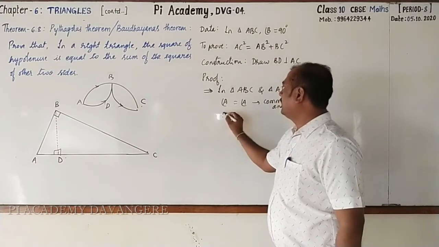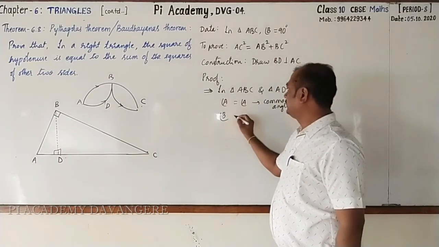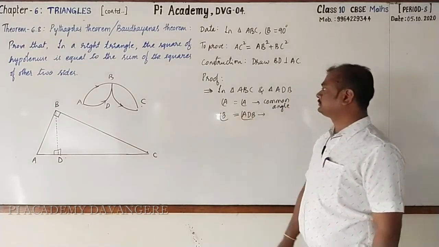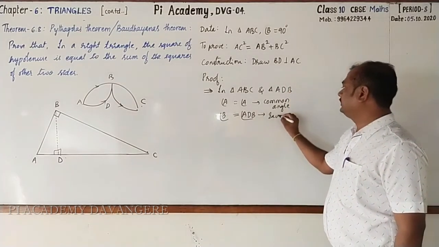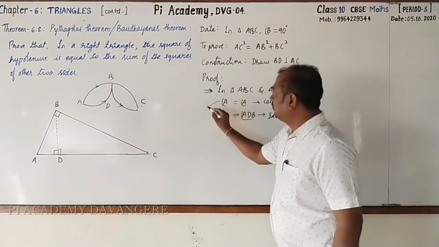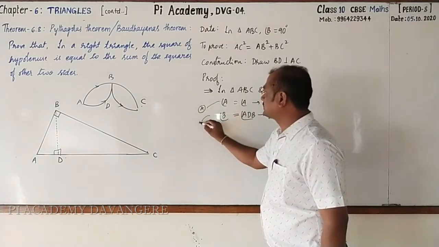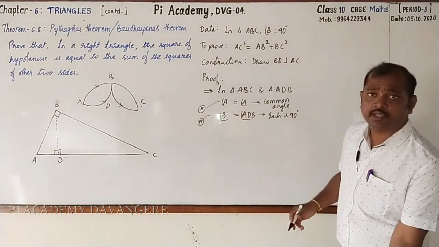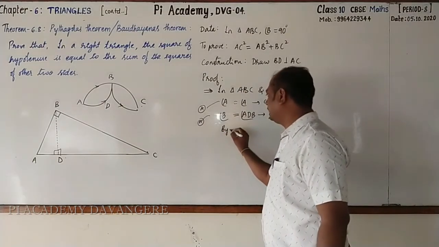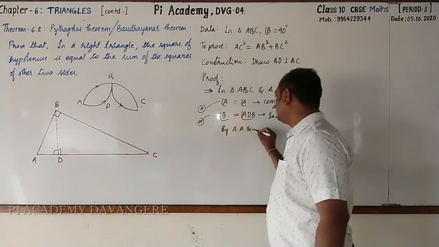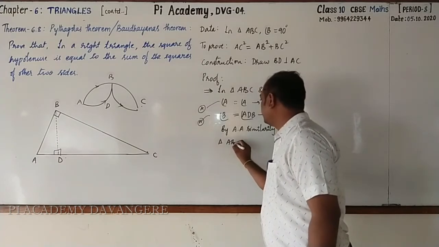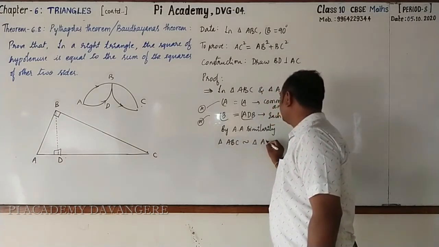Here I'll write angle B is an angle of ABC, which is 90 degrees, and angle ADB is also 90 degrees. Here I'll write each is 90 degrees. Okay, here in two triangles, two pairs of angles are equal. Which similarity criterion can be used? Very good. That is AA similarity. We can write triangle ABC similar to triangle ADB.